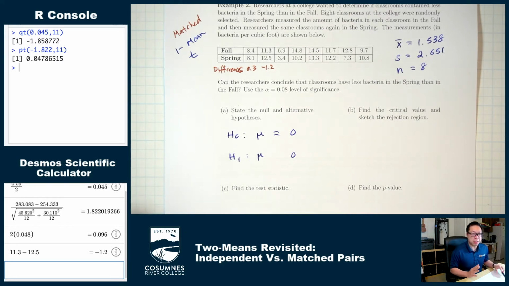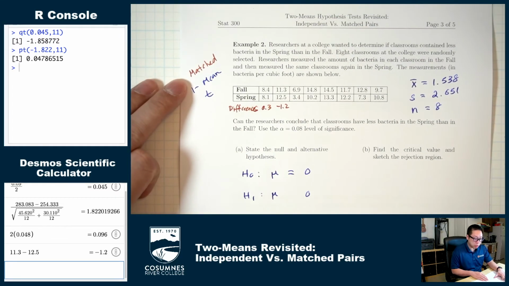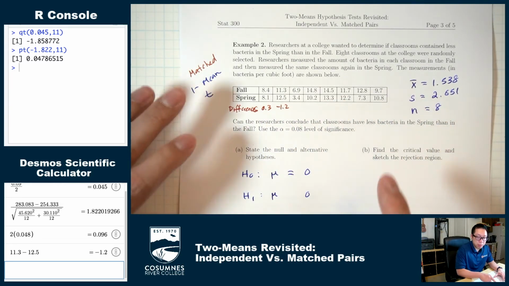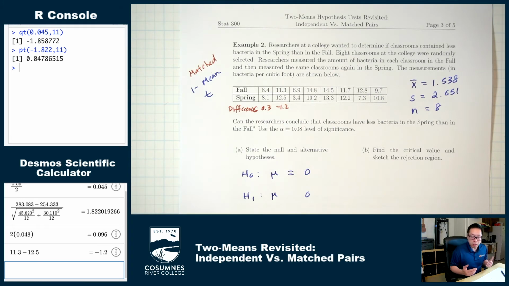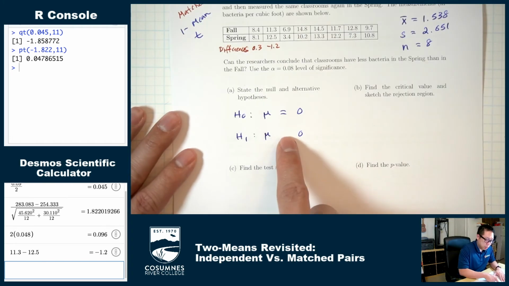Let me show you the cheating way to do it first, and I'll explain to you the correct way. The cheating way is, for match situations, I recommend you enter the data, find the differences, find the mean, and then find the standard deviation and sample size. If the mean is positive, the symbol here is probably going to be a greater than symbol.